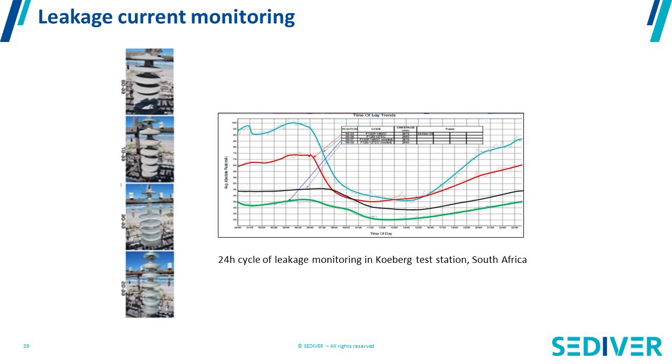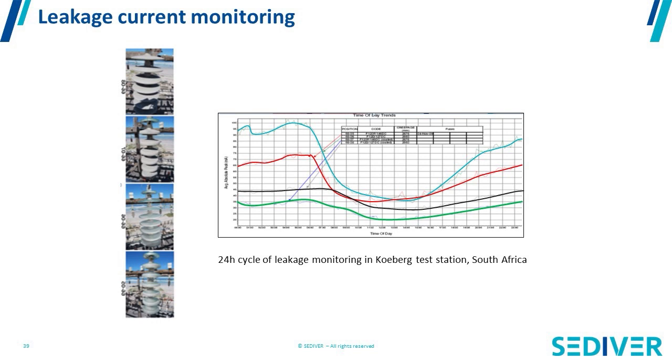If you look at the curves, the black and the green curves, which are much lower and stay relatively stable over time, these are the same insulators, but the surface is coated with silicone. In that particular case, the leakage current is under control, which means that along the coast, these coated insulators are going to have a much better performance than non-coated insulators.